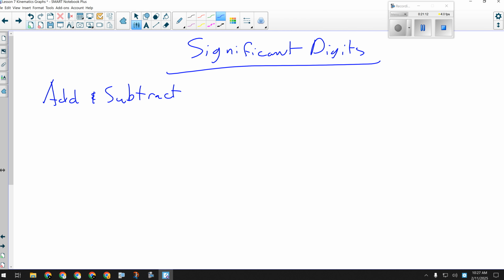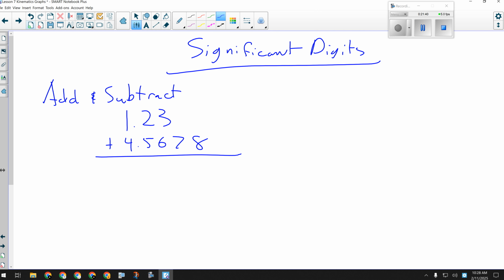Okay, if I'm just adding or subtracting two measured values, and let's say that they were 1.23, and I was adding that to 4.5678. Which one of those is more accurate than the other? If I measured both of those, did I measure one of them to a greater degree of accuracy than the other?